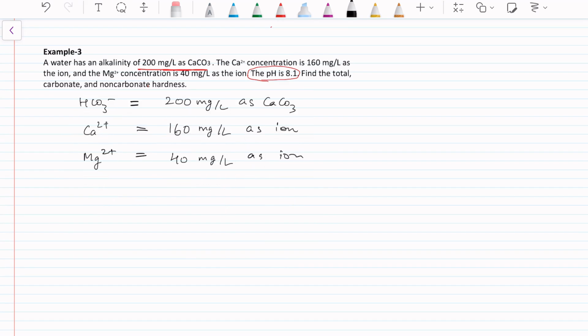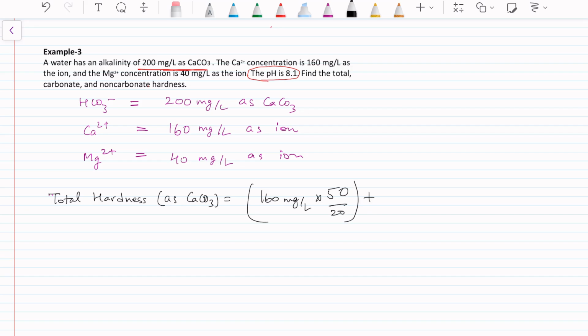So total hardness would be 160 milligram per liter times 50 over 20 plus 40 milligram per liter times 50 over 12.